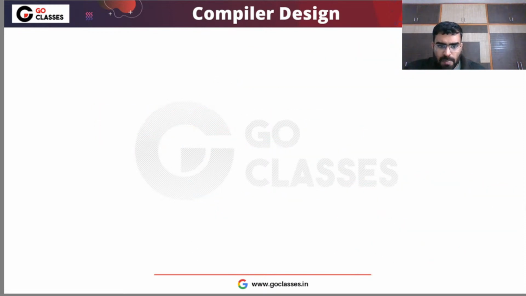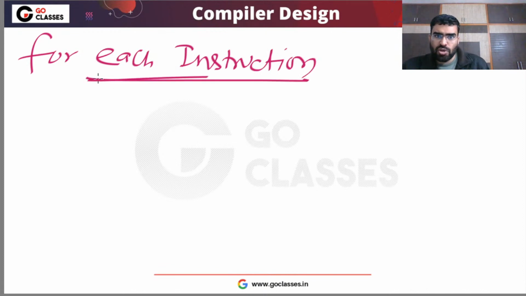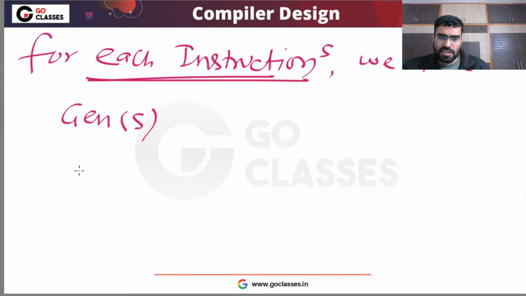Just a few very interesting things I want to ask. Again, here you have something for each instruction. For each instruction n, if you have s, then we have what is generated by s, and we have what is killed by s.